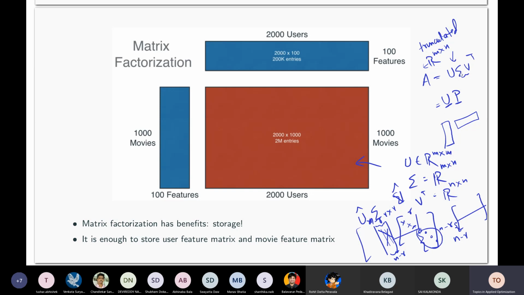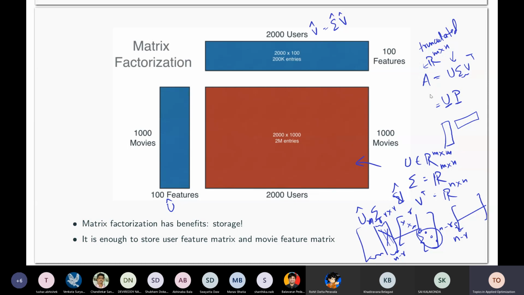So we can obtain a truncated SVD. If we obtain a truncated SVD, there will be as many columns as the rank, which is what we want here. So you can obtain a U hat, sigma hat truncated, and then V hat. So you can do this.